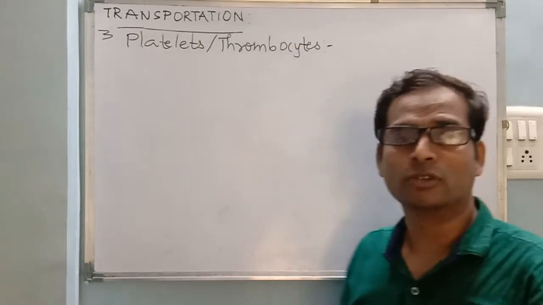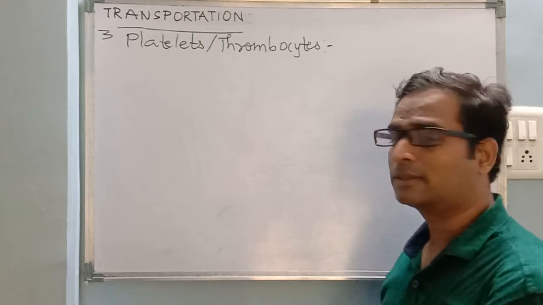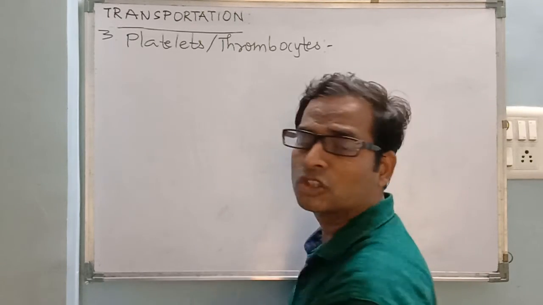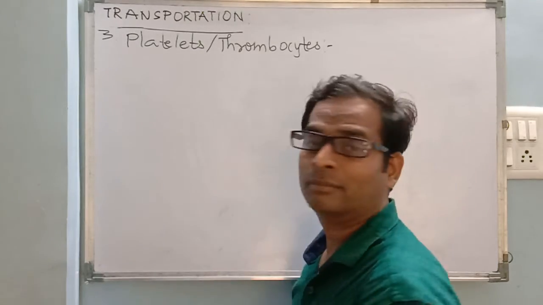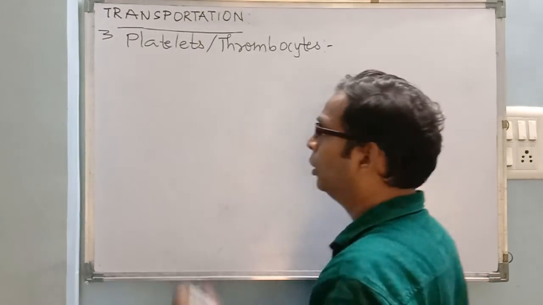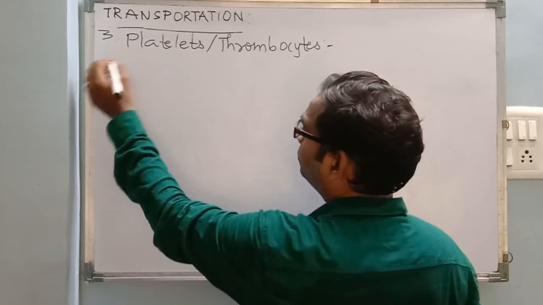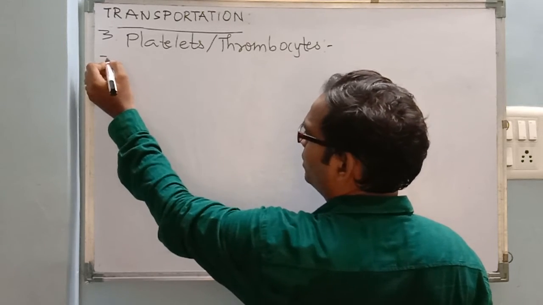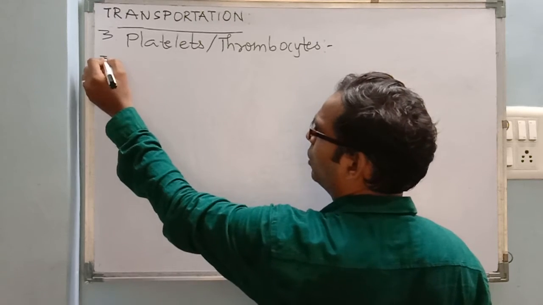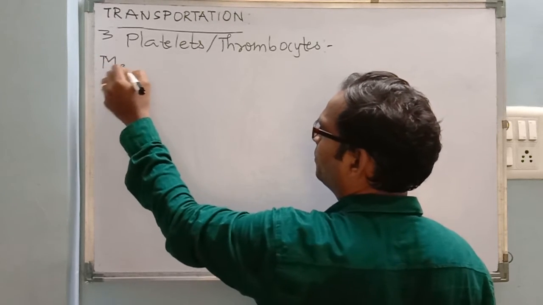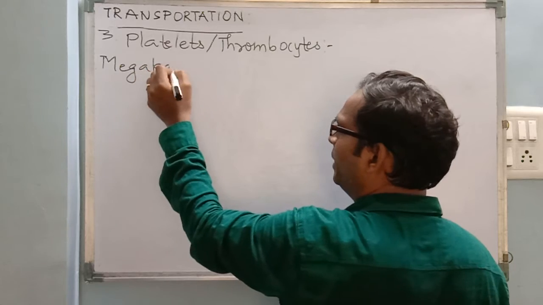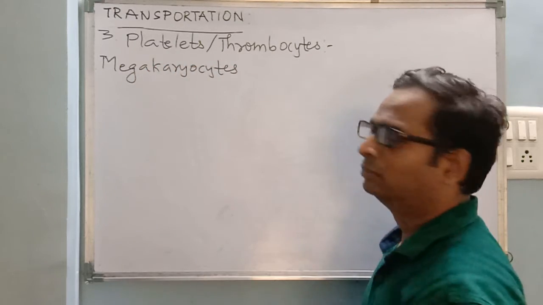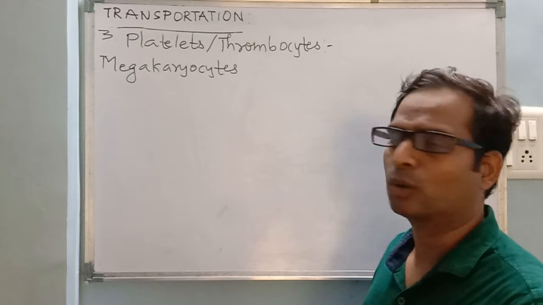So platelets or thrombocytes are the smallest blood cells, and the main function of these blood cells is they help in clotting of the blood. These platelets are produced from some special cells which are called megakaryocytes inside the bone marrow cavity only.